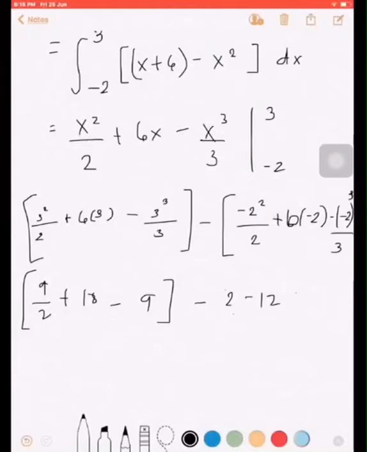Since there's a negative on the other side, we multiply and turn it into positive, so 8 over 3.